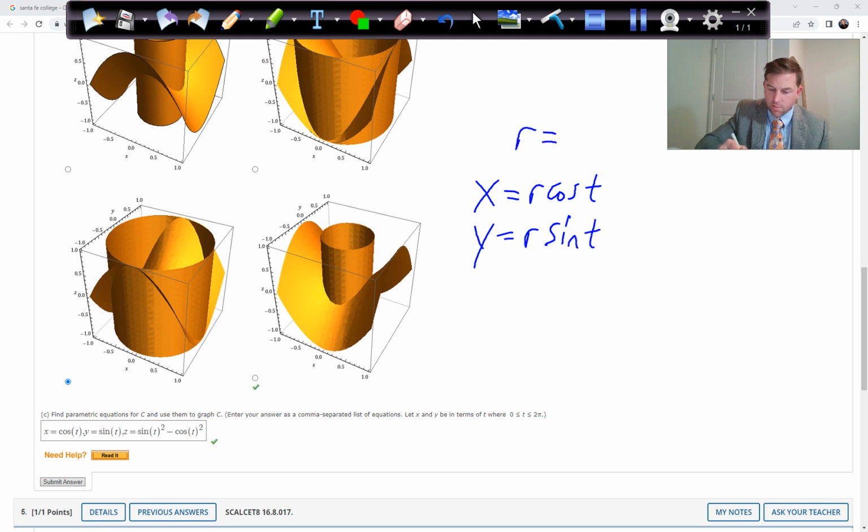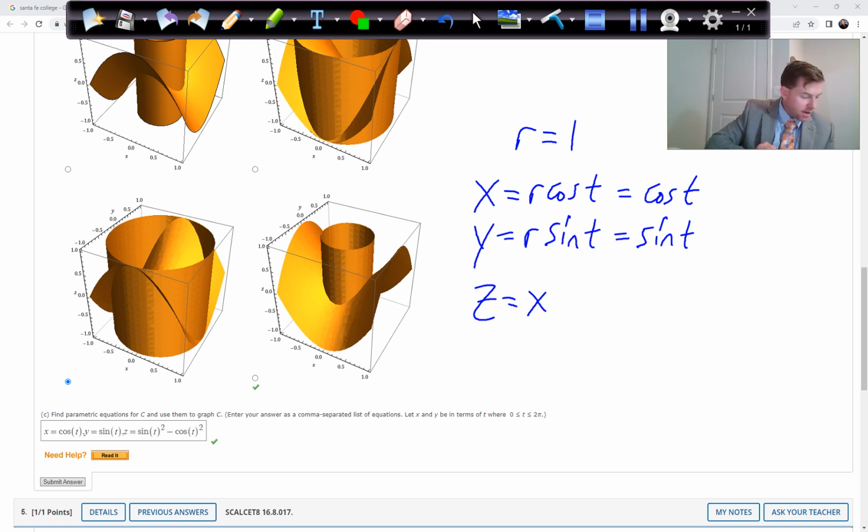Now we recall from before the radius of the cylinder is 1, so this is just going to be cosine t and sine t. Now z was told to us as y squared minus x squared.